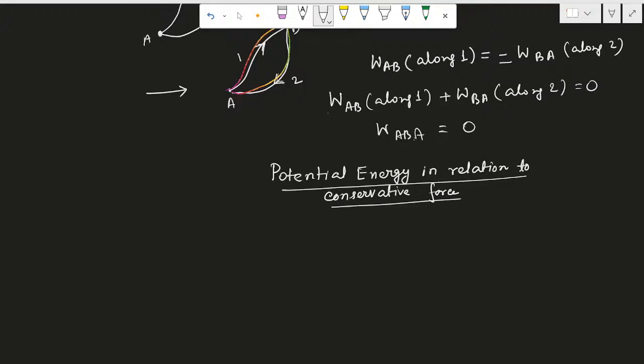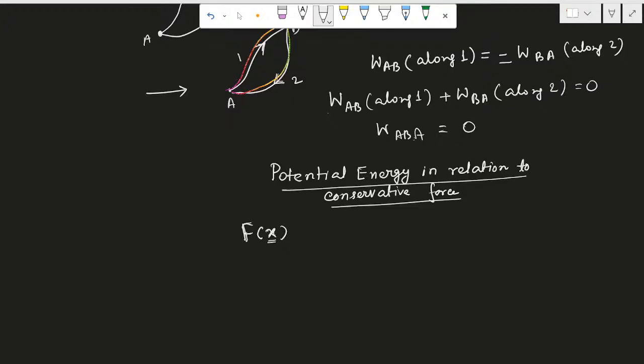Suppose you are considering a conservative force Fx. When I say Fx, it denotes that force F depends on x. So force is a function of x, where x is the displacement.